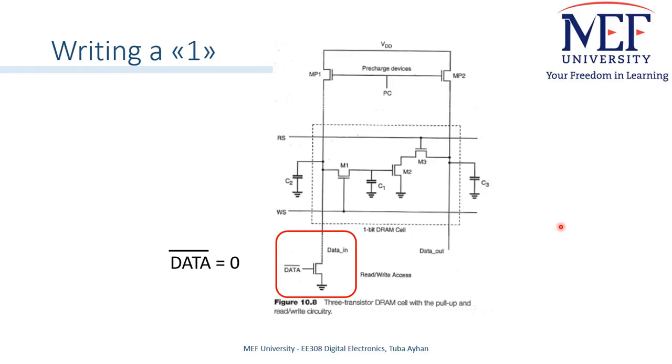We will talk about writing a 1 to this DRAM cell, but first we need to see what it means. For the write 1 operation, the inverse data input is at the logic low level because the data to be written onto the DRAM cells is logic 1.